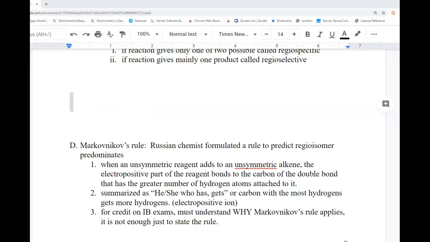So let me redraw that: CH3, CH2, double bonded, that was wrong. Let me erase. That should be just CH, double bonded to CH2, and we're going to make it react with some water. Now, the reason why this is going to come out differently than we had it before is simply because both of the reactants are asymmetric.